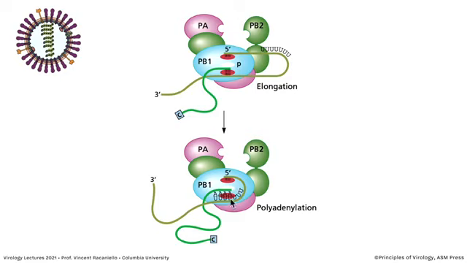It can't pull any more template through, and it just continues to add A's until 100 or 200 A's are added, and then it gives up, falls off, and you have a polyadenylated RNA. So that's why it's 20 bases short, because that loop is about 20 bases, and then there happens to be a polyadenylation signal there. Kind of like the VSV, but a different catalyst for stuttering.